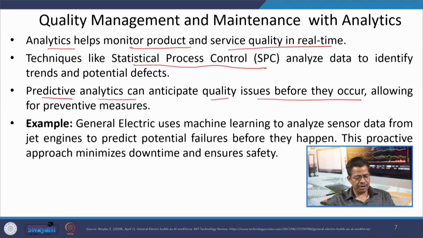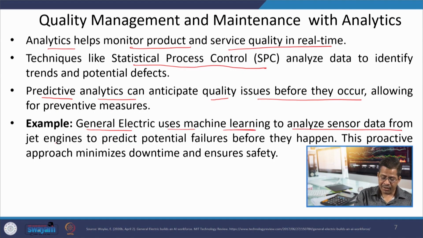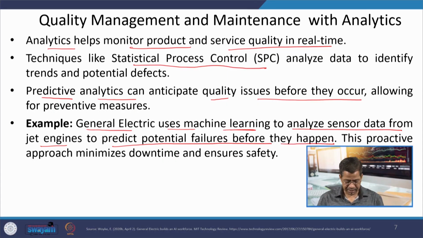And this example tells that GE, which is a very popular name, uses machine learning to analyze sensor data from jet engines to predict potential failures before these failures actually happen.